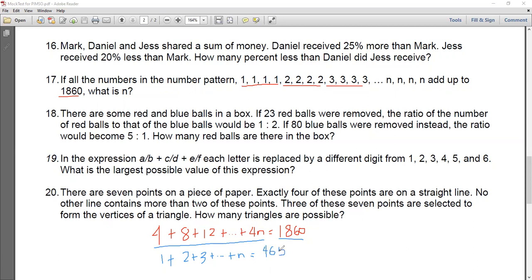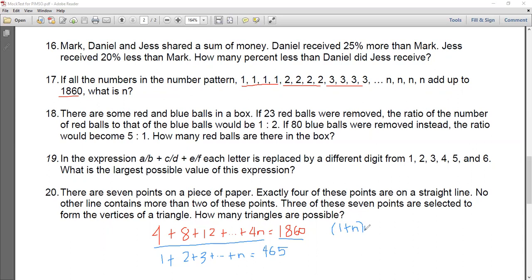Now, let us use the formula here. If we want to identify the sum of all the numbers from 1 to a certain number, what we do is we add the first and the last number. So the first number is 1, the last number is n, and we don't know that one. We multiply it by the total number. How many numbers do we have here? We don't know.